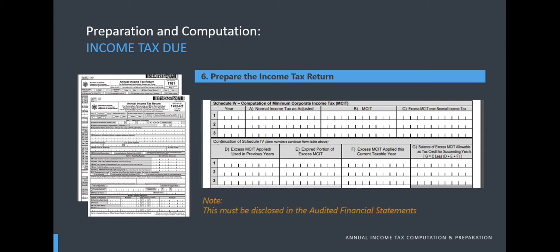Also, similar to the NOLCO, it must be disclosed in the audited financial statements in the same manner as presented here by the BIR.